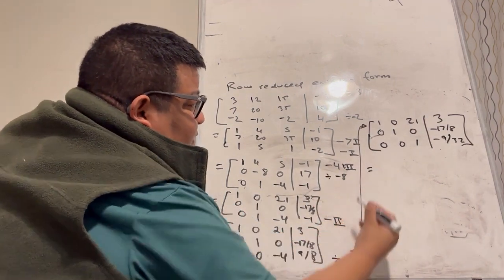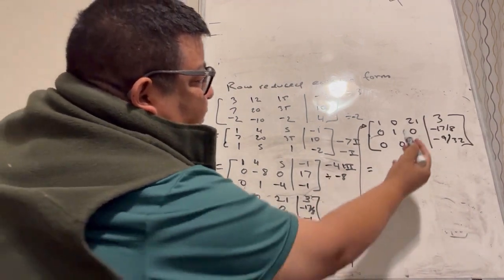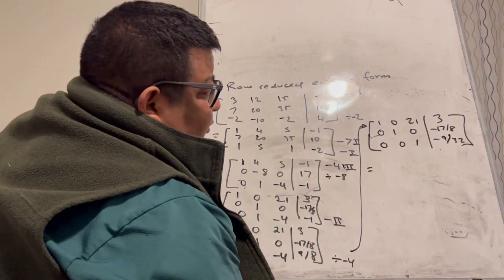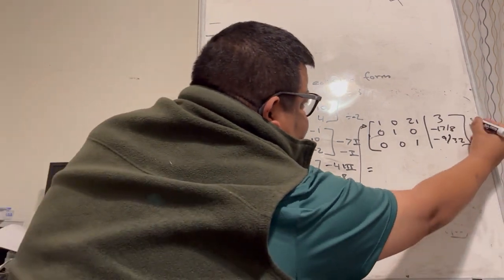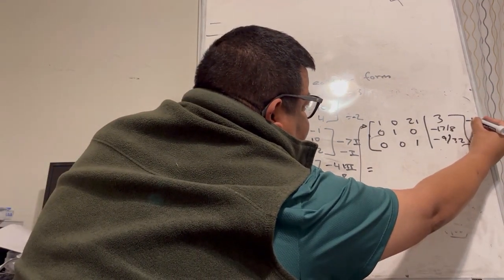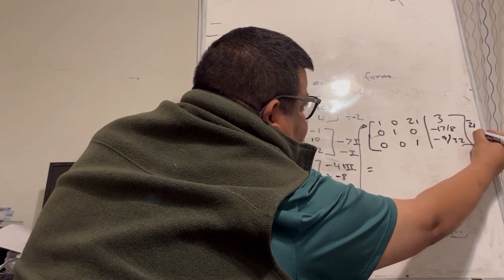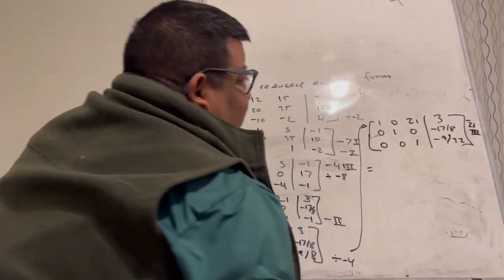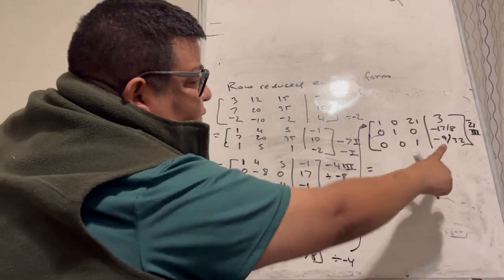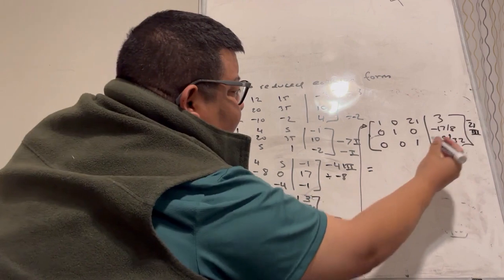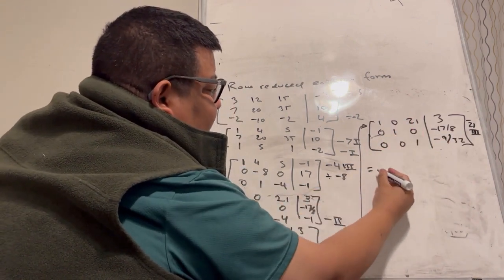And then what we can do is get rid of this 21 by multiplying -21 to row 3, and then adding it to row 1.